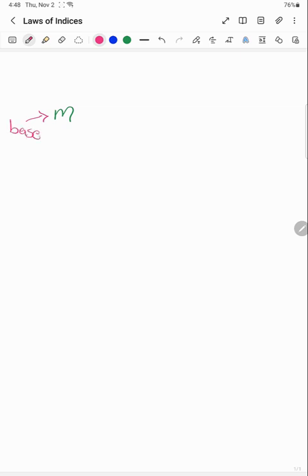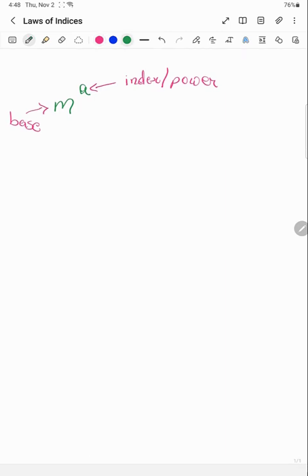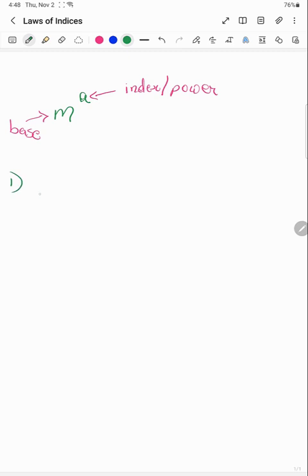Then we have A, and we'll call A our index or the power, whatever word you're comfortable with using. All right, so we have a base and we have a power. That's important.